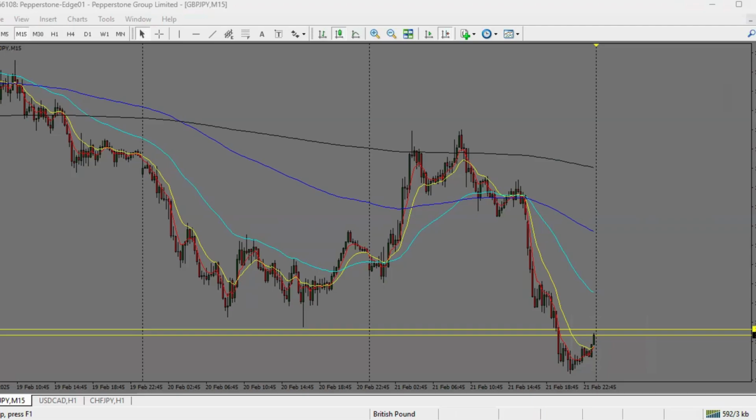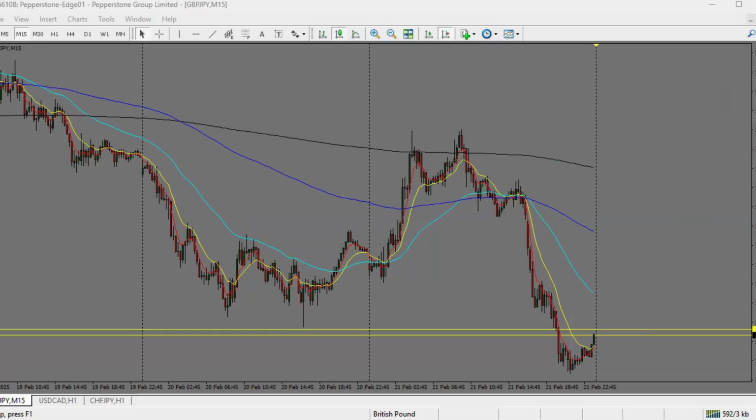So how do we combine these exponential moving averages for high quality trades? Now that you know what each EMA does, let's see how we use them together for sniper trades. All right. Now, EMA crossovers.